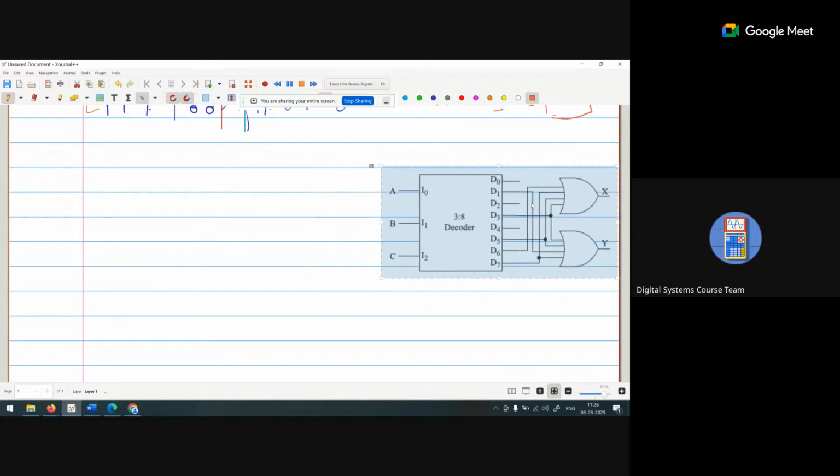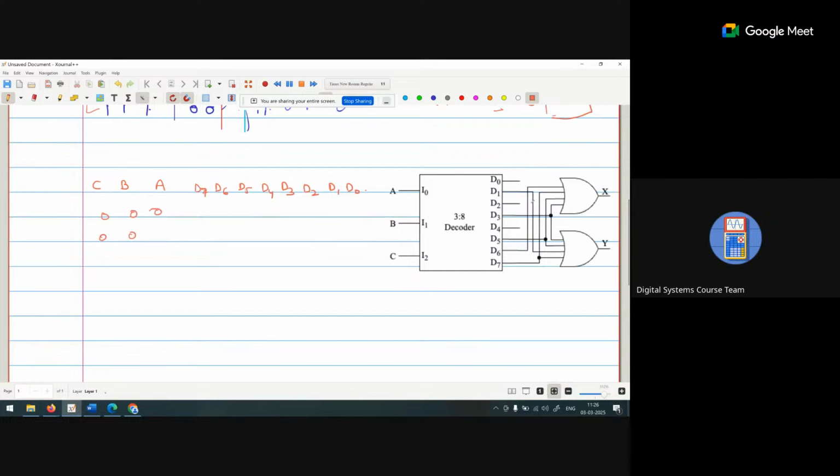Okay. So can I write it down in this way? C, B, and A. And with respect to this one, I can mention D7, D6, D5, D4, D3, D2, D1, and D0.